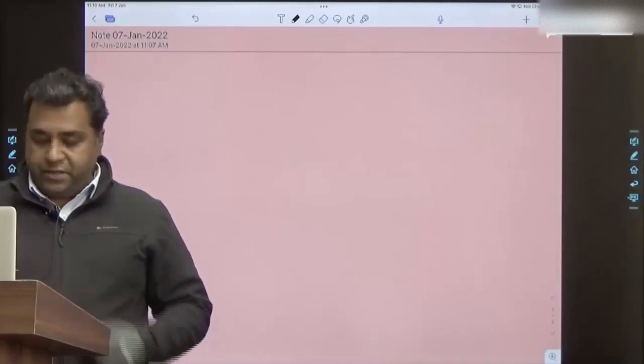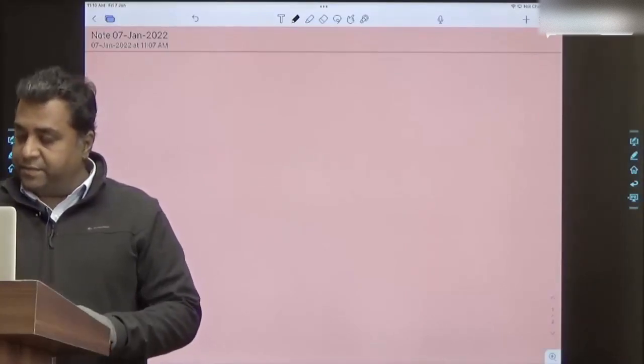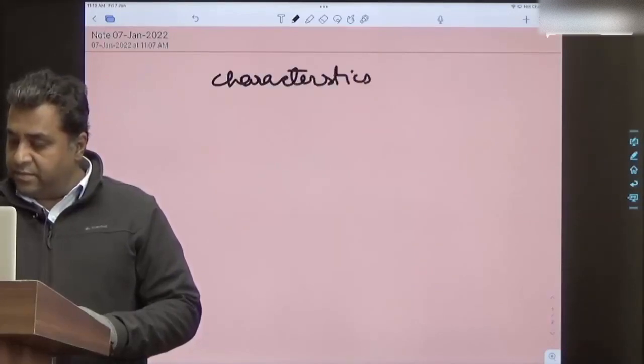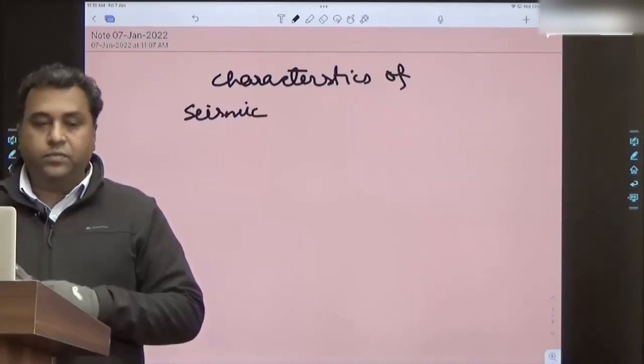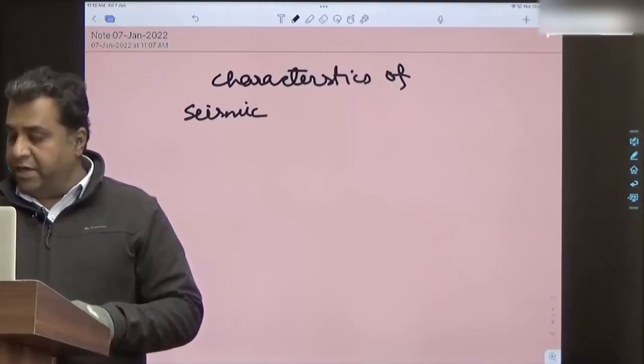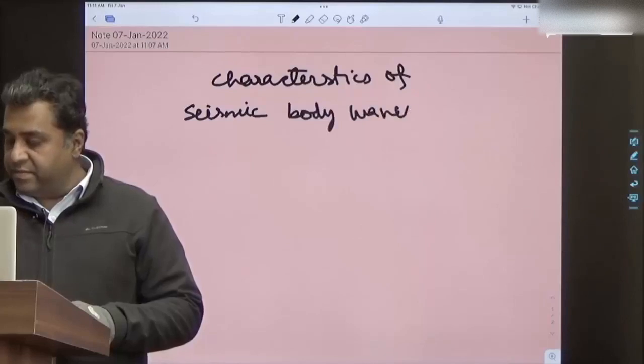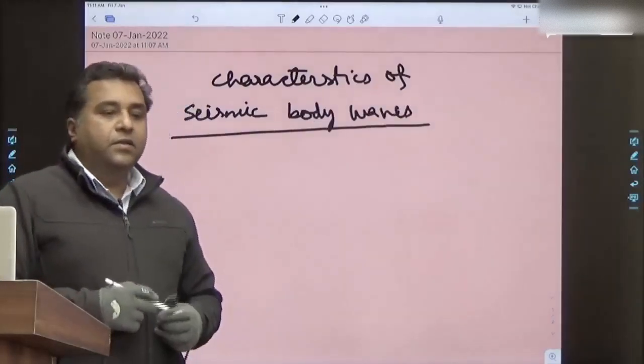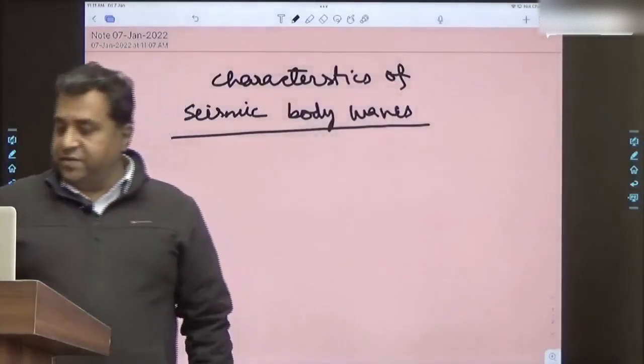So now let us see the characteristics of seismic body waves. What are the characteristics of seismic body waves?